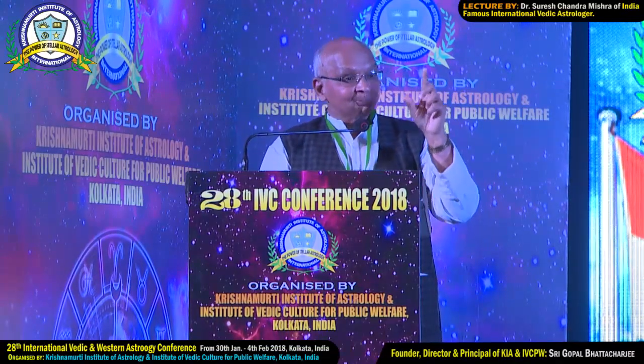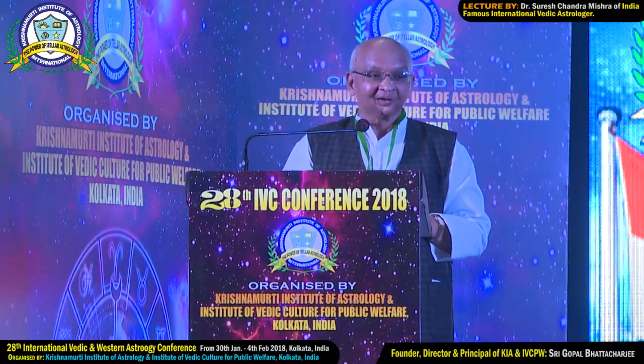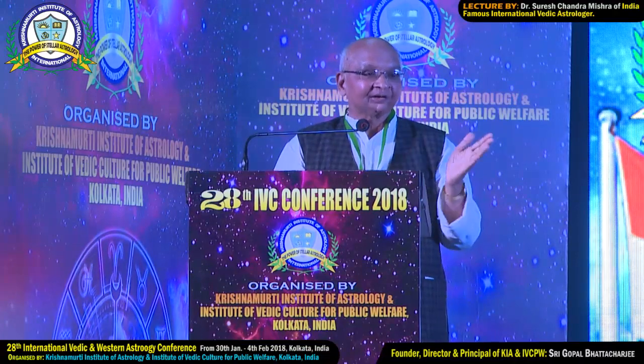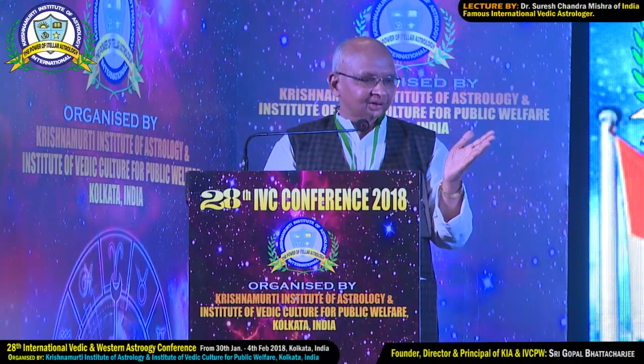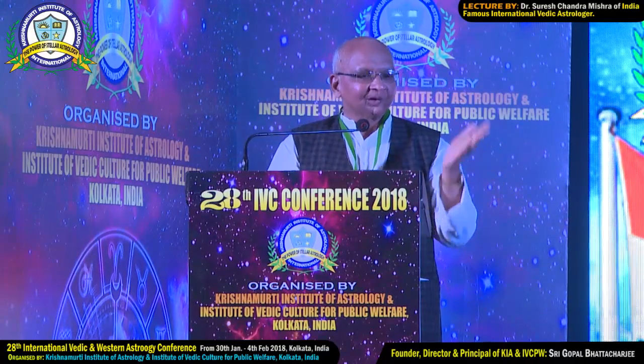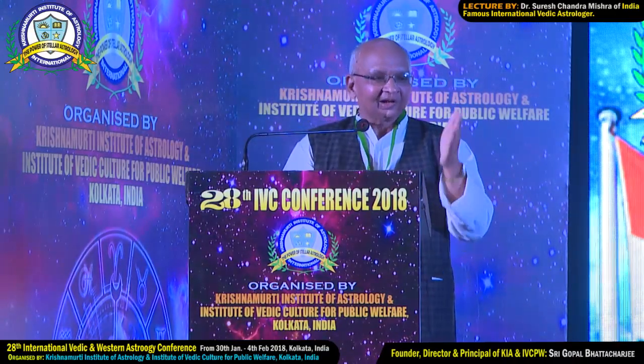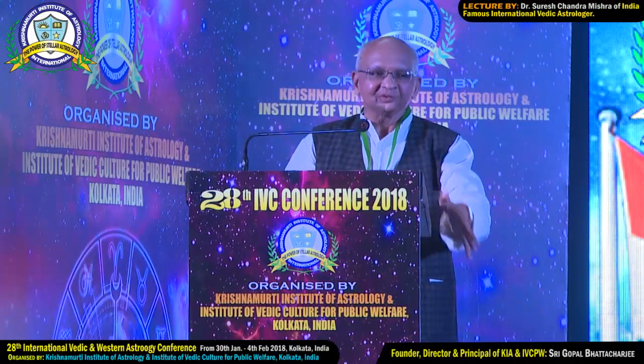So when a planet goes under OOB, definitely a weird nature, weird temperament, and weird type of action will be there in an individual as well as within the society.